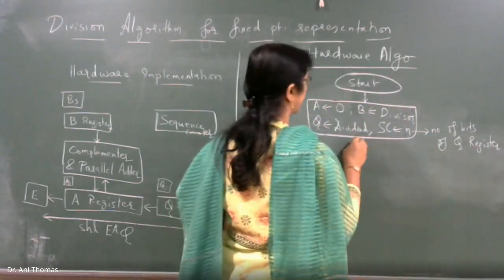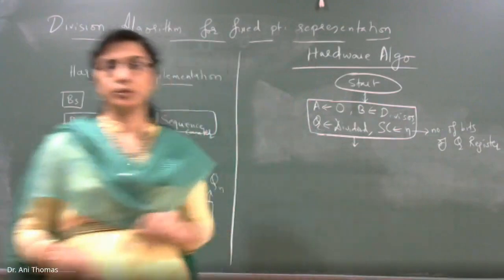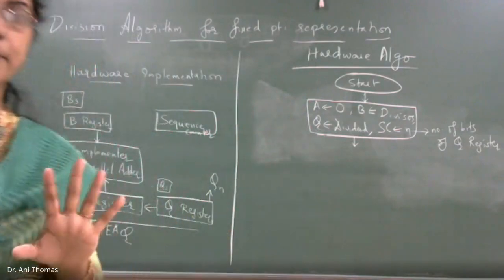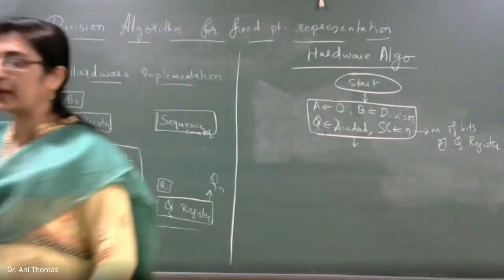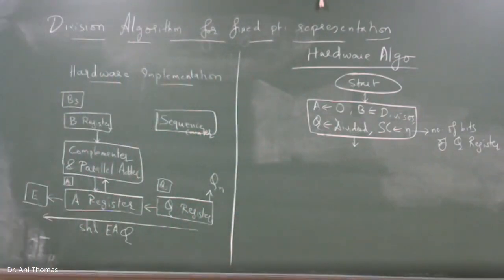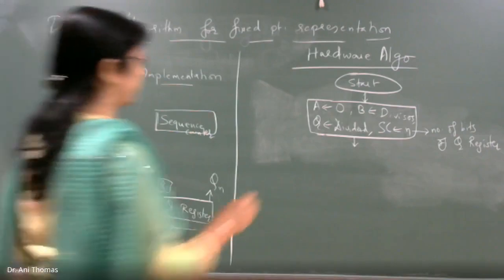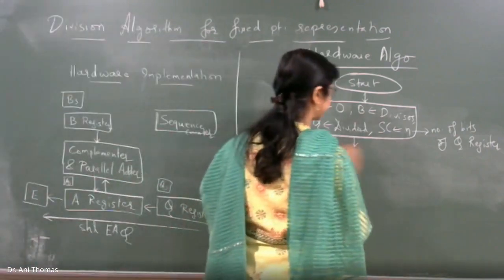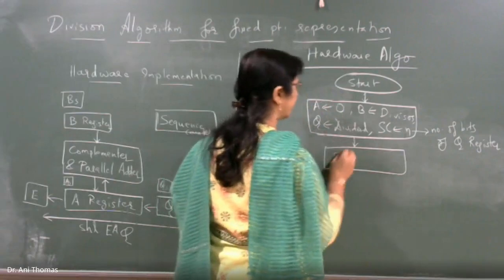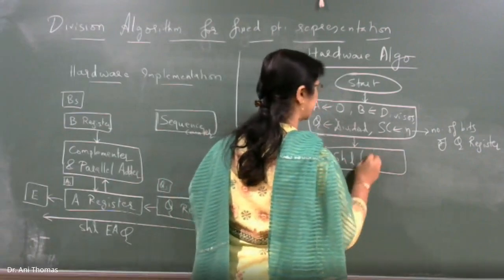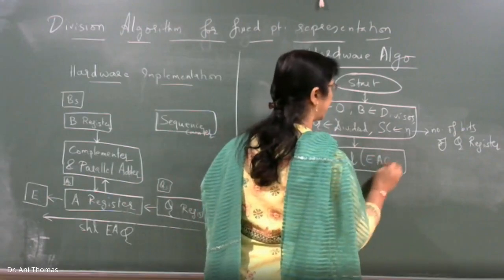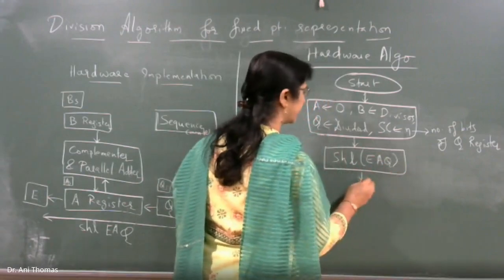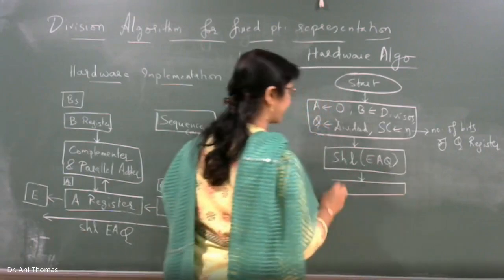Fine. And for every operation, first we do a shift left and then we perform the A minus B operation. So first I do shift left. It is not right, it is left. Shift left EAQ and we do a subtraction operation.